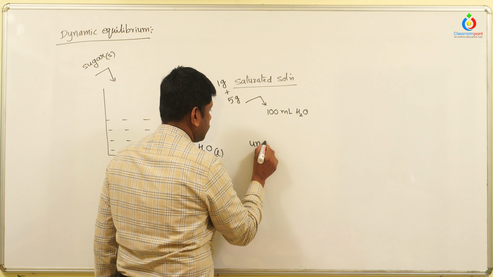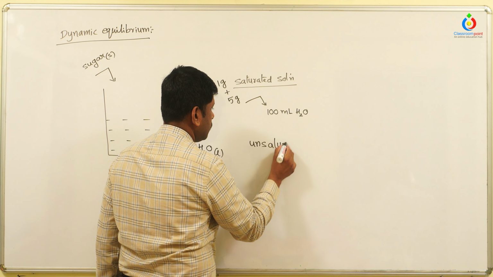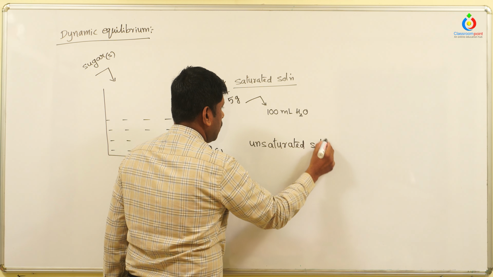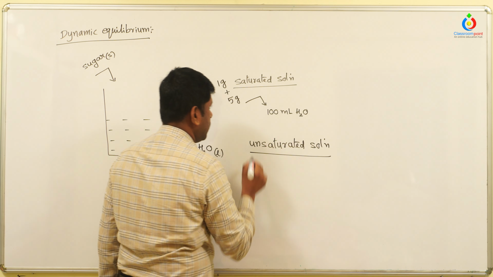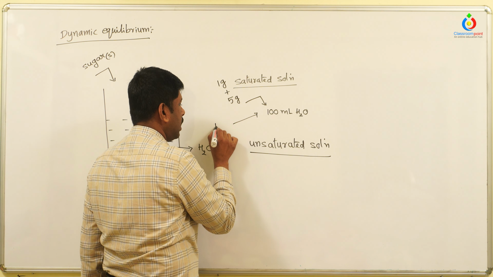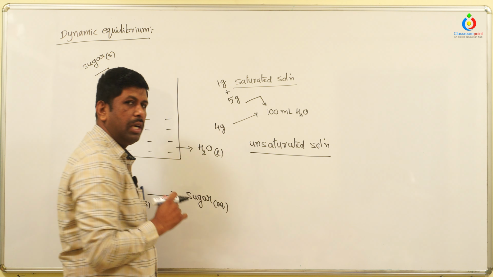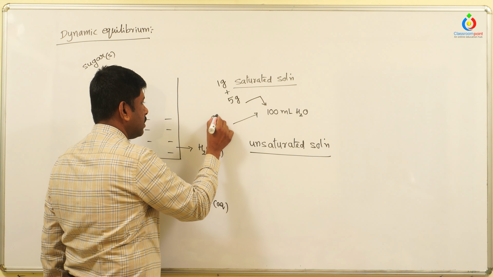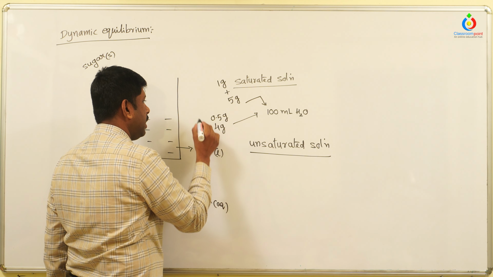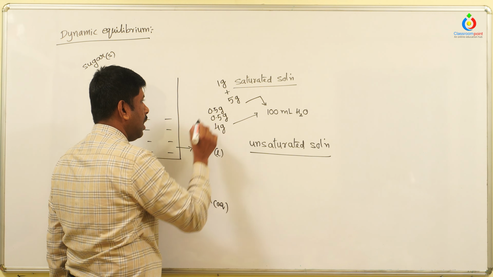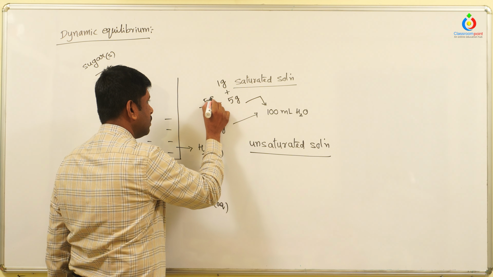Unsaturated solutions. Unsaturated solutions means in the same 100 ml of water, if you add 4 grams of sugar, it dissolves. If you add 0.5 extra grams, it will dissolve. Even if you add 0.5 grams extra, it will dissolve until it reaches 5 grams.